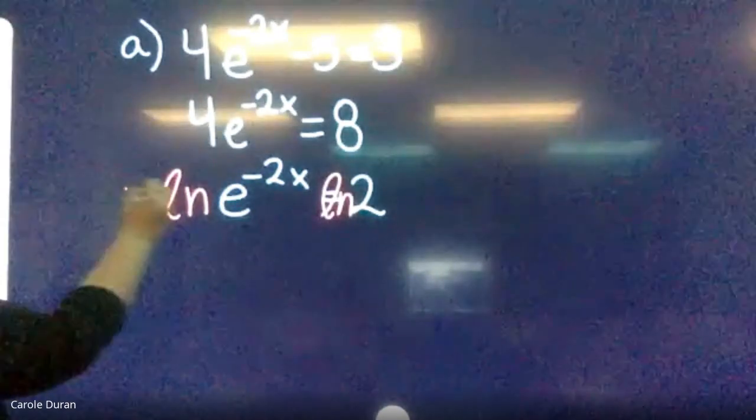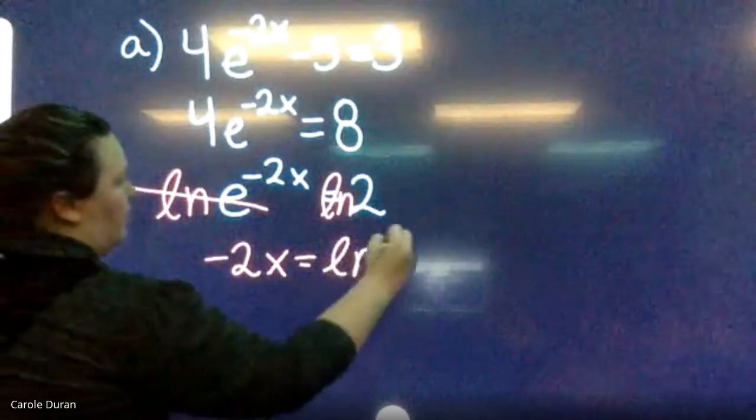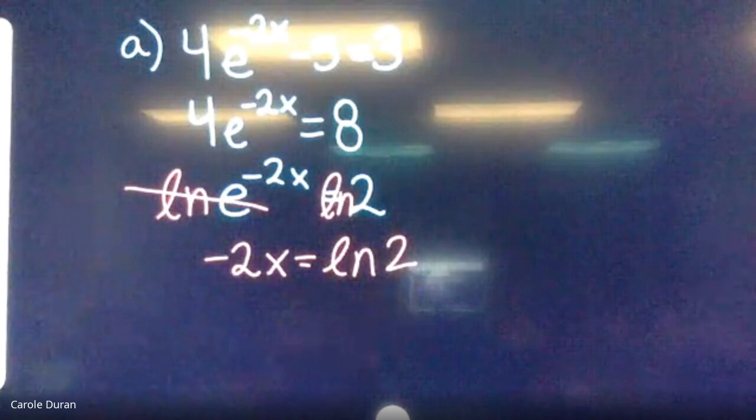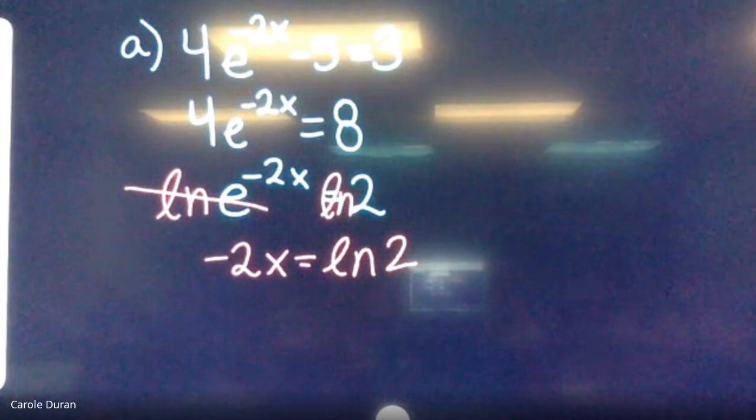When I do that, the natural log and the e cancel, letting my exponent come down. And then I'm left with negative 2x equals the natural log of 2. And then it's really easy to solve from there. So anytime you have an e, we take the natural log of that side and the other side, and it will cancel out that base and let the exponent drop down.